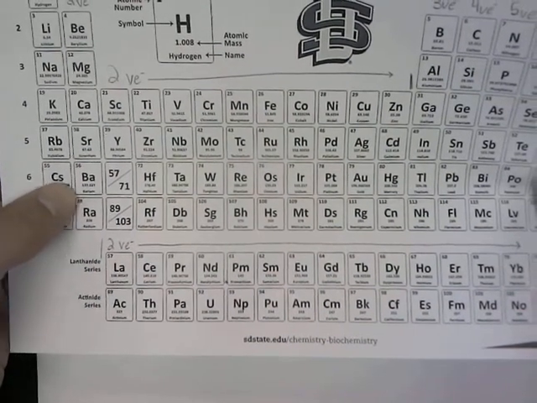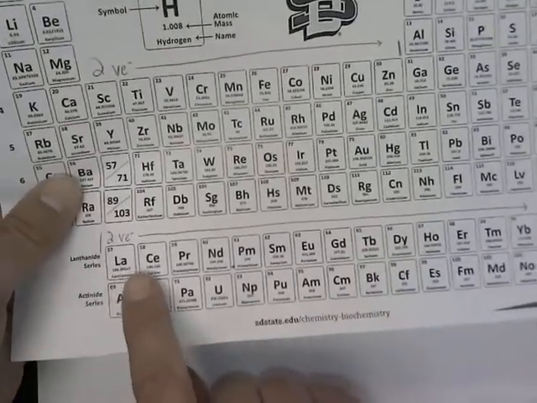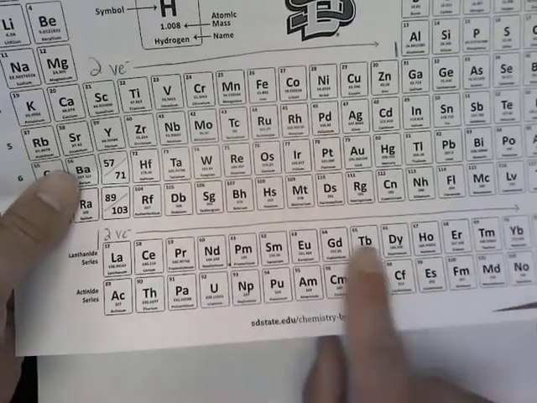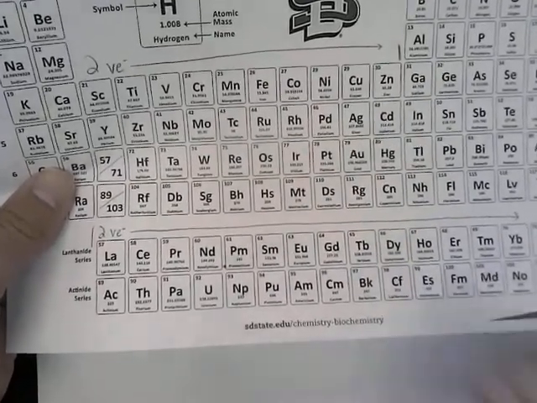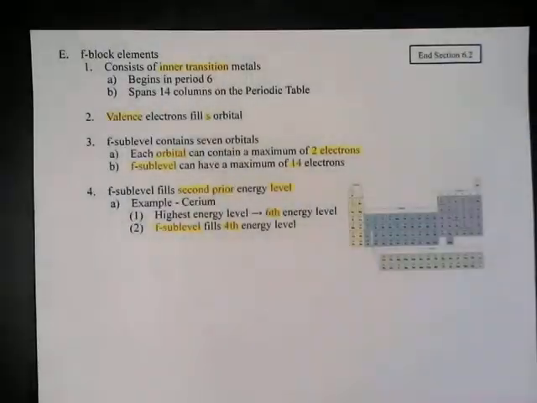Talking about period 6, we went 6s2, and then down here at the inner transition metals, we went back to the 4f. That 4 is important because it goes back 2 energy levels. So that's what we have to keep in mind when we account for the valence electrons, and we'll get some practice with that.